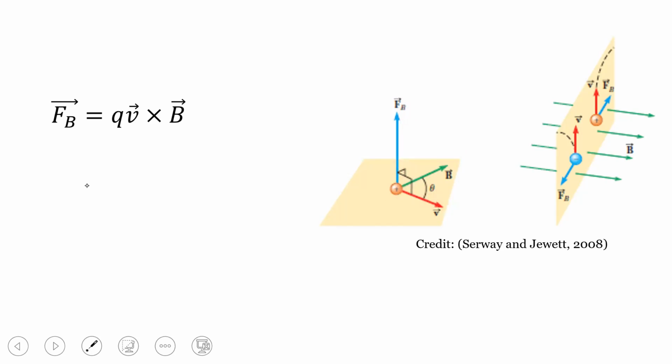The red line, which points to the velocity, is also perpendicular to the blue line, which is the magnetic field, magnetic force vector.